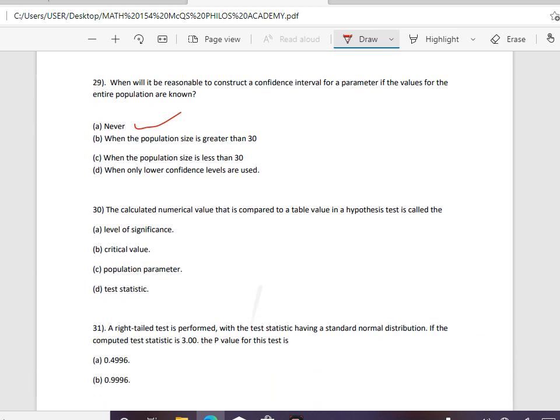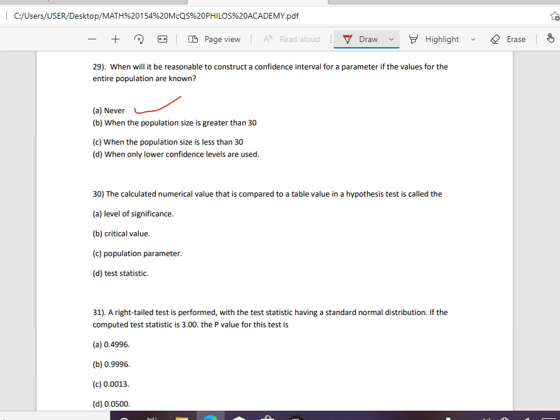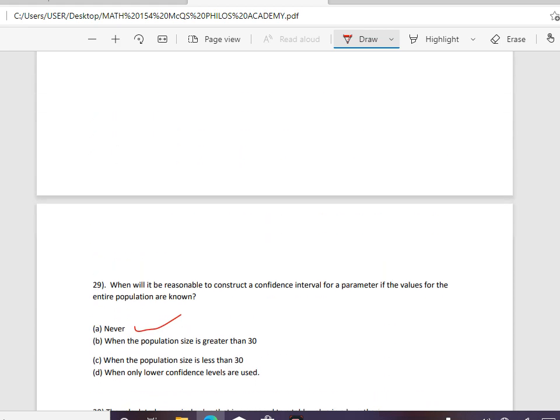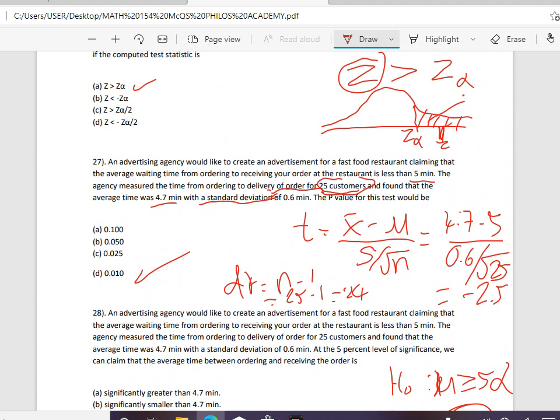Then question 30. A calculated numerical value that is compared to a table value in a hypothesis test is called. The answer is D, it's a test statistic. When you calculate T, it is called a test statistic.